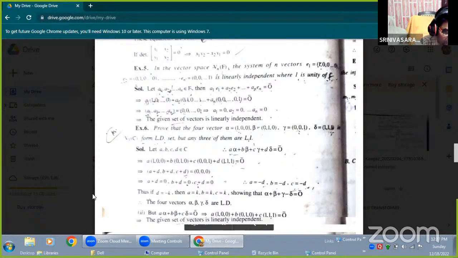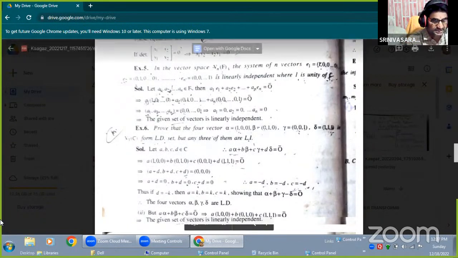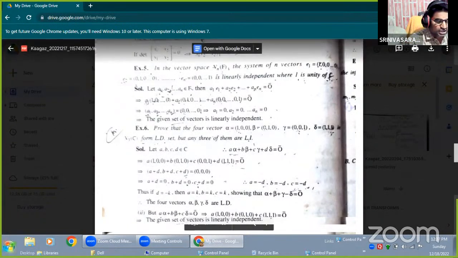Already one PDF of 73 pages has been dispatched from the examination point of view. According to this type of terminology, you must make an effort with the PDF.